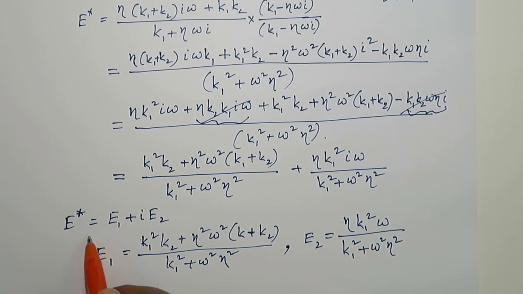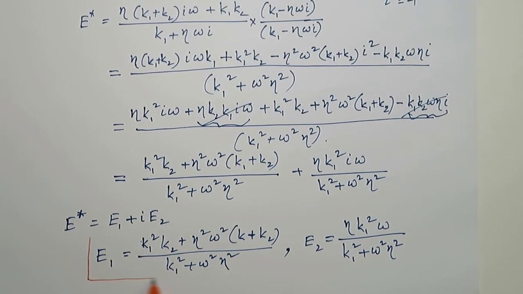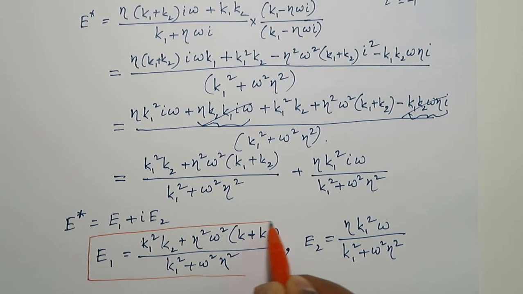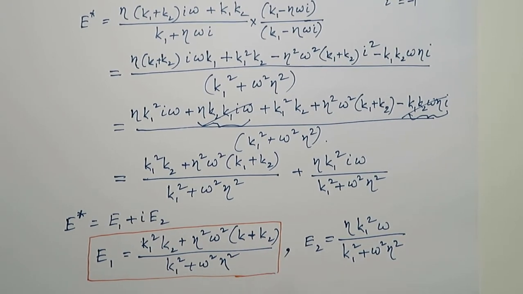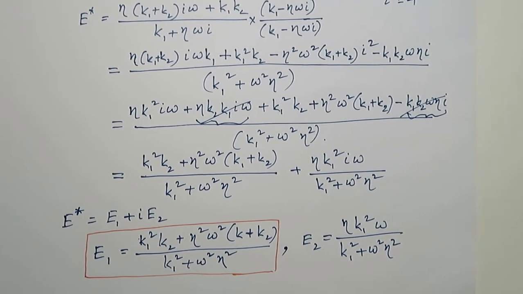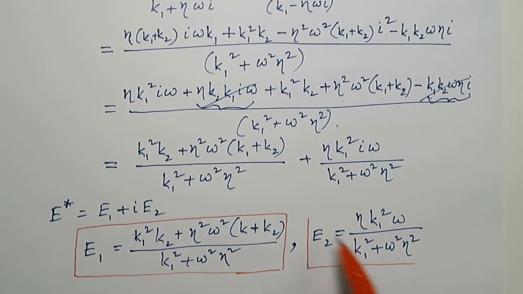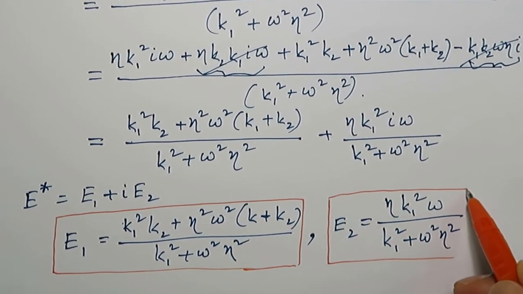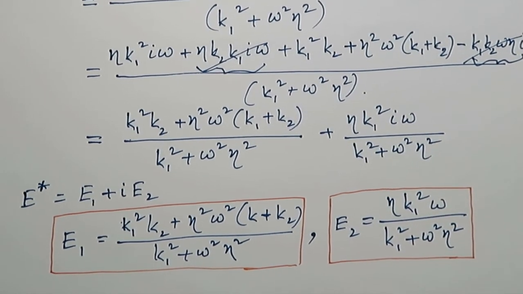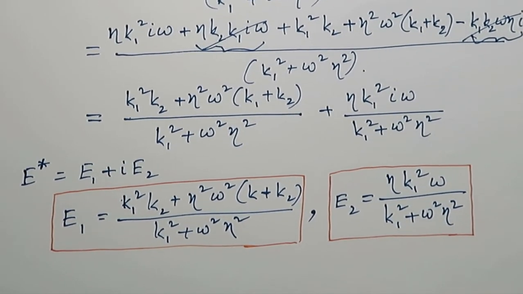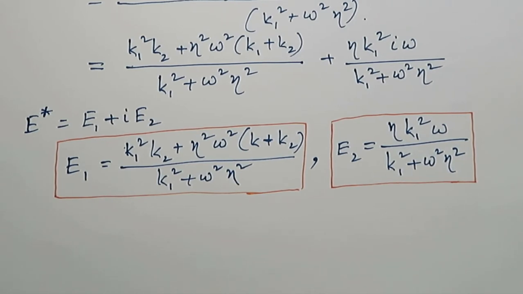So now we have found out the relation between omega and E1, and another relation between omega and E2. So these are our equations that we were supposed to find out.